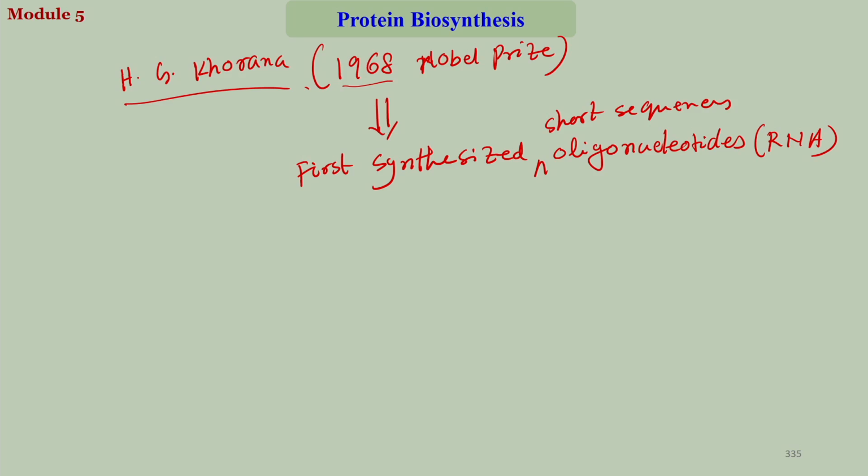We have seen in another module, when we talked about solid phase DNA synthesis, solid phase oligonucleotide synthesis. Nowadays we can synthesize quite long chains using solid phase chemistry, but he did it really back in 1968 and received the Nobel Prize. So, that was one of the first times chemistry tools were used to synthesize biomolecules.